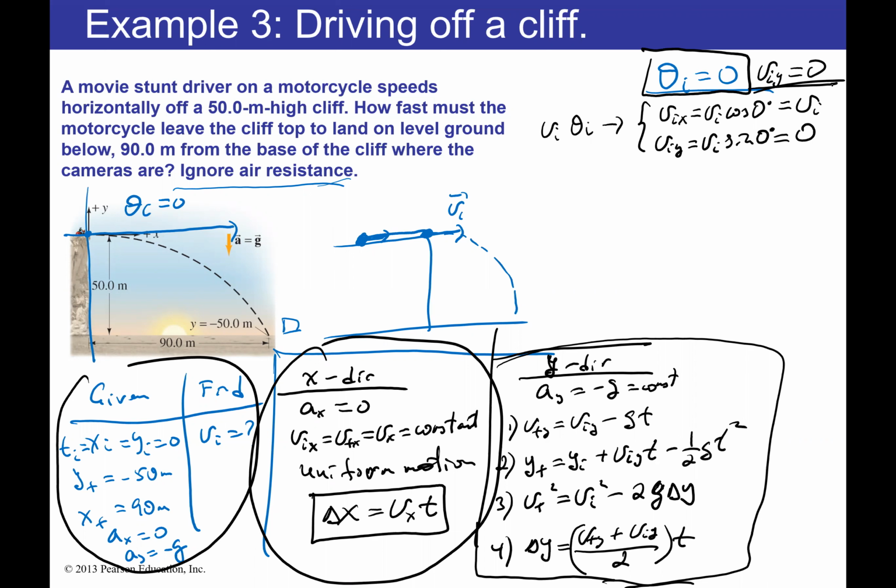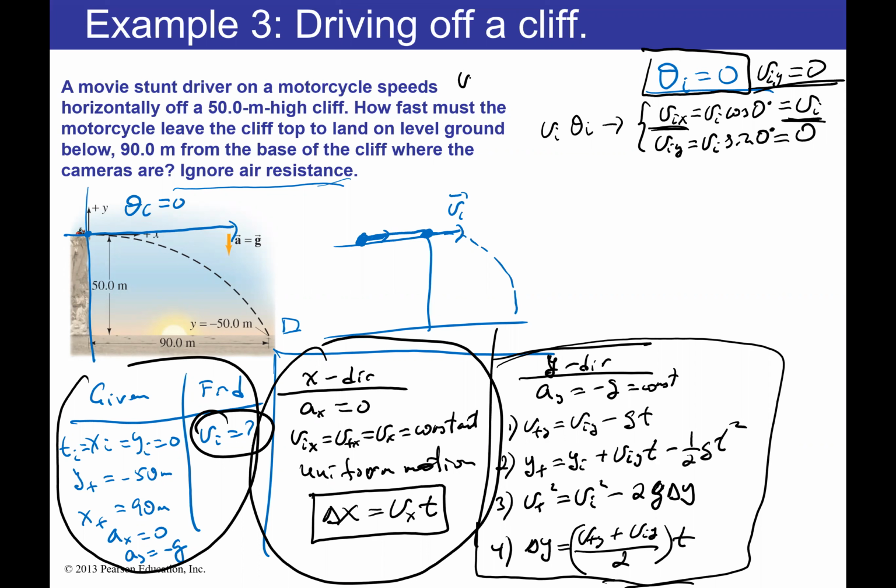Okay. But also we have one thing. Remember, we're trying to find the initial velocity vector. And here I'm saying that initial velocity is equal to my horizontal initial velocity. That means all I have to do for this problem is find my horizontal initial velocity, then I have my initial velocity vector.